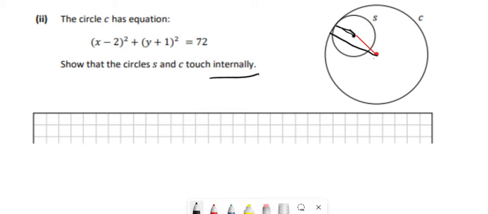So what we're going to do is just find the distance between the centres here anyway.